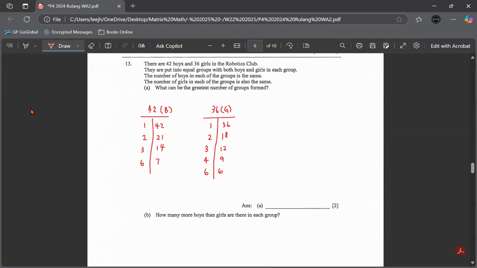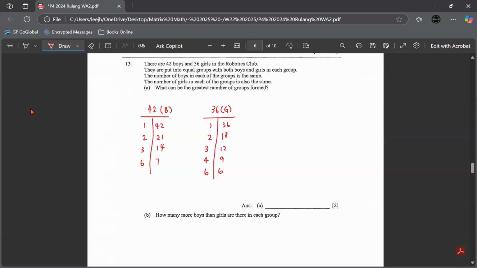So if you look at this, what does this mean? Let's say if we only have one group, all 42 boys will go into one group. Here, one group, all 36 girls go into one, right? So now, if we have two groups, the number of boys will split between two groups. So if you have two groups, each group will have only 21 boys.